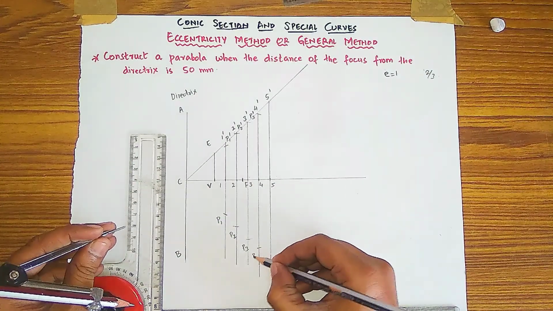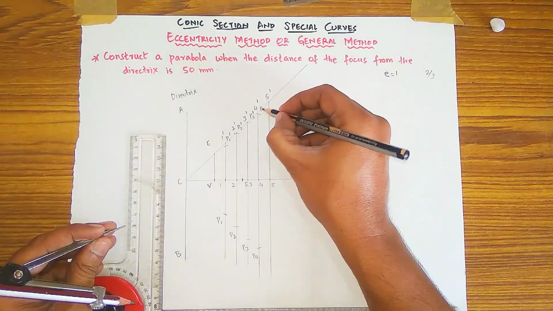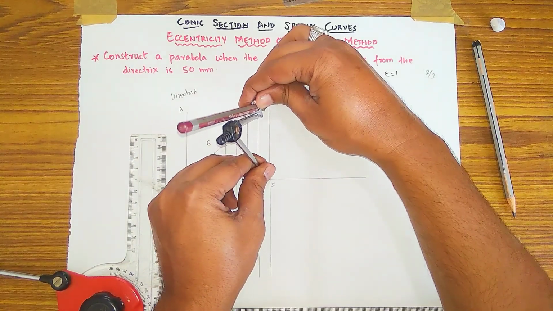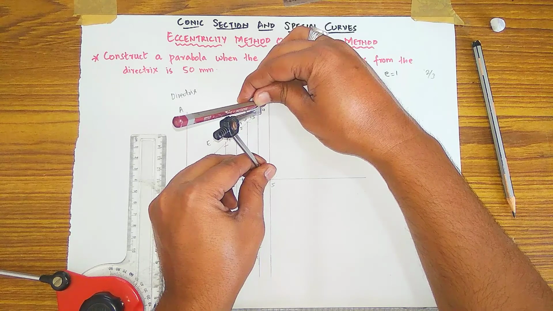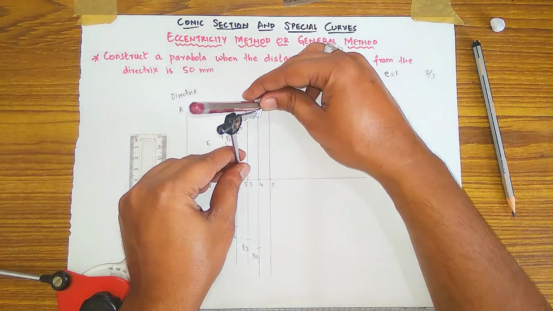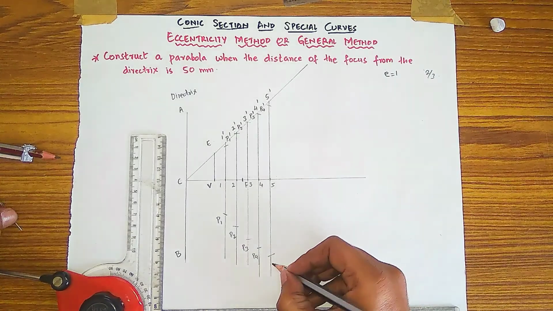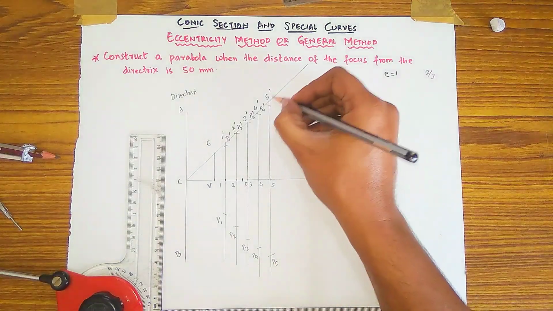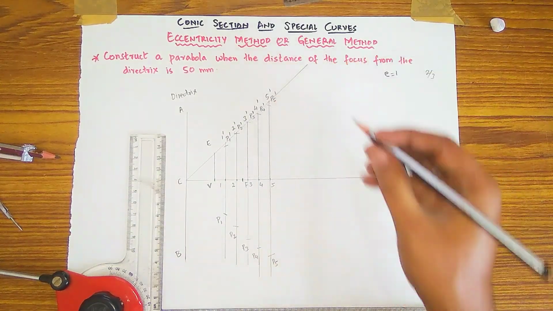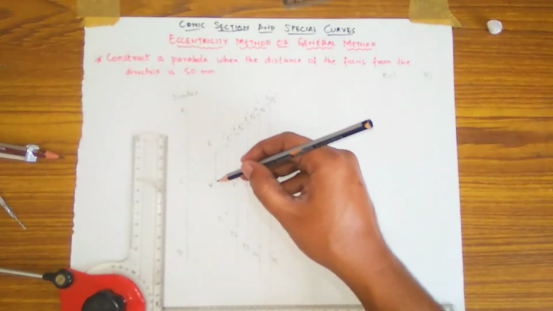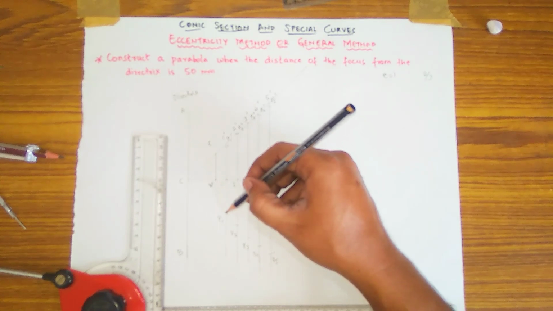This point will be P4 dash. The last, 5 to 5 dash, measure, keeping on F, make the arc. This will be P5 dash.